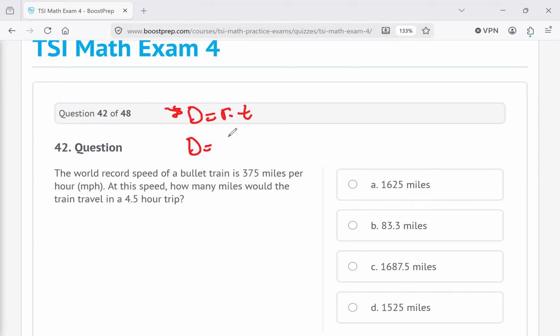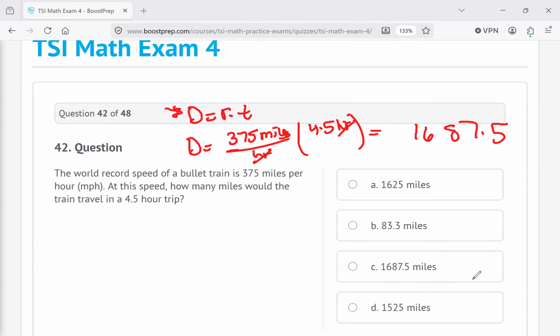My rate is 375 miles per hour, times 4.5 hours. As you can see, the hours cancel, and you're left with miles. So 375 times 4.5 is 1687.5.